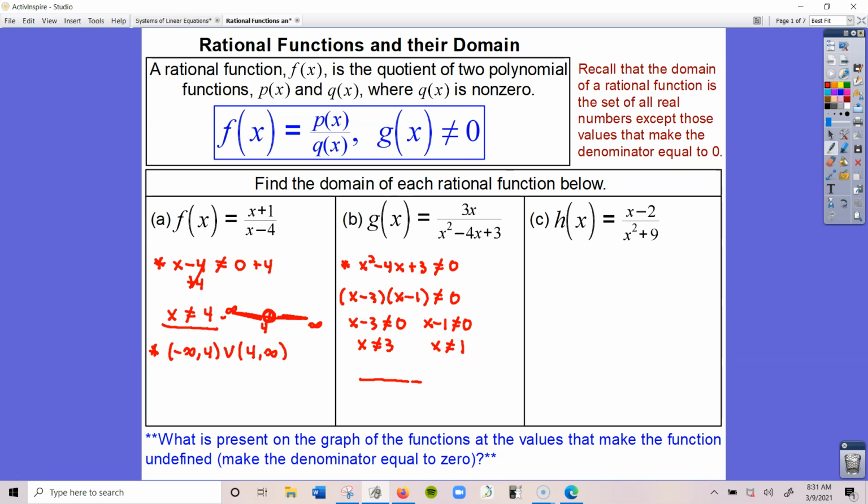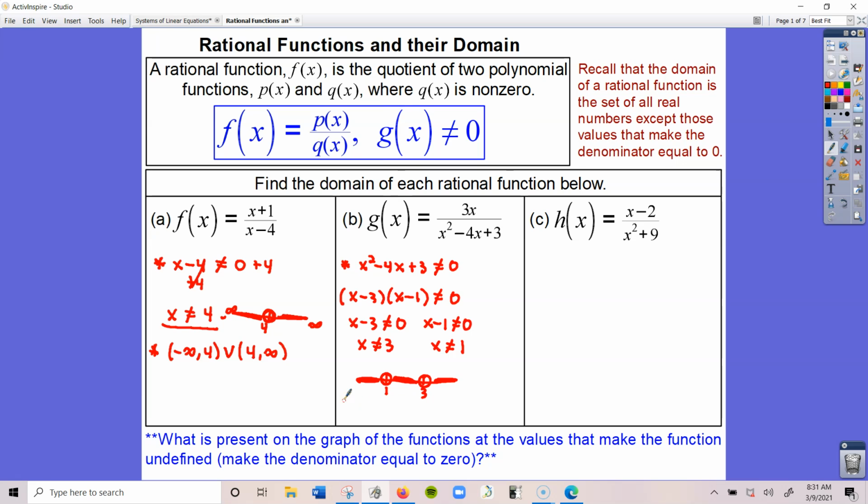Now you can put this on a number line to help you visualize that domain, and we will write the two numbers that we got, 1 and 3, obviously putting your numbers in numerical order. These numbers are excluded, but everything else would be okay.